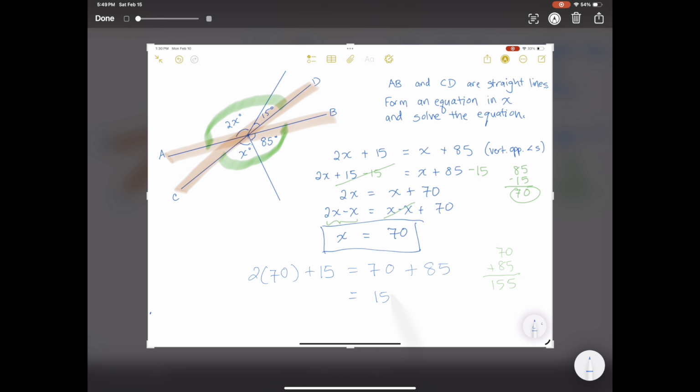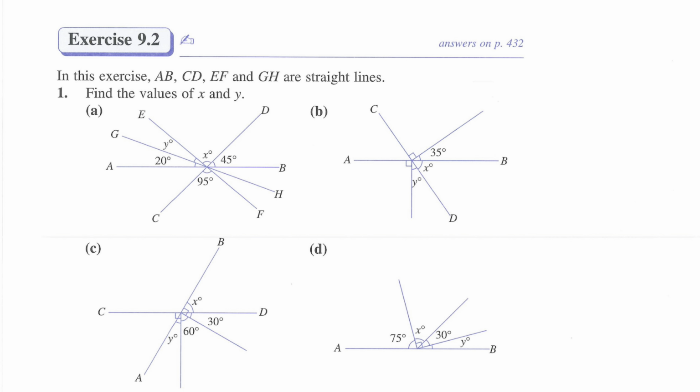Write 155 on the line below, and for the left-hand side of the equation, I have 2 times 70 plus 15. 2 times 70 is 140 plus 15 does equal 155. The solution is correct.